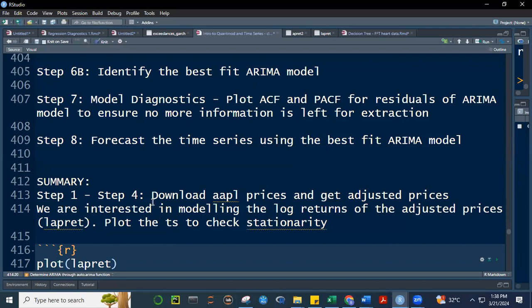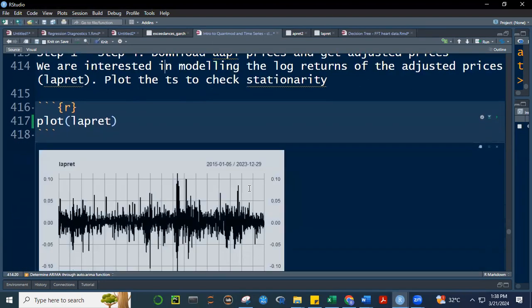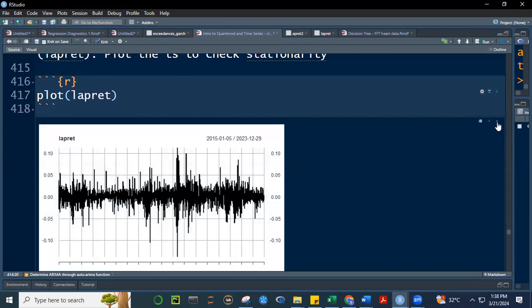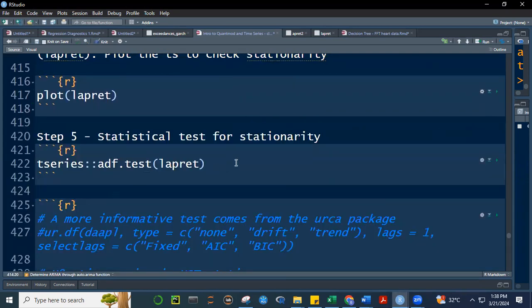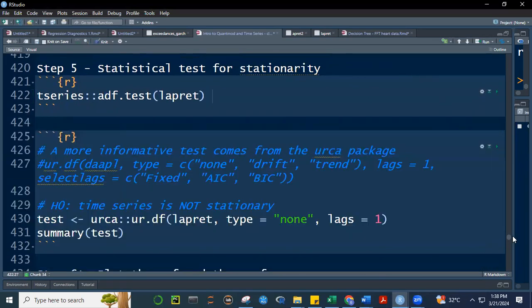All right, so we have done actually steps 1 to 4, no? We downloaded the Apple prices, we subsetted the adjusted price, and we got the log returns kasi ang gusto natin i-model yung log returns ni Apple. And then plinat natin class, 'di ba? Ito yung step number 4 din natin. We saw that based on statistical analysis, yung time series natin is stationary.